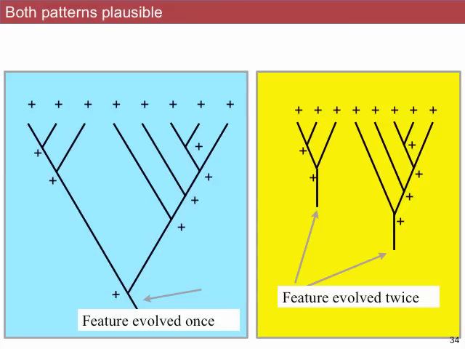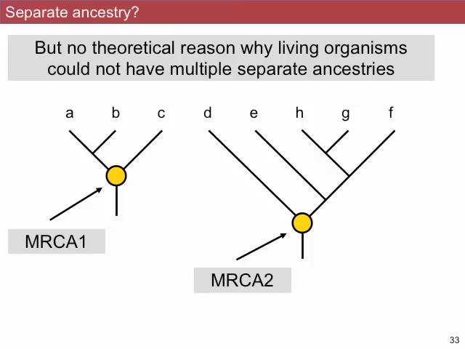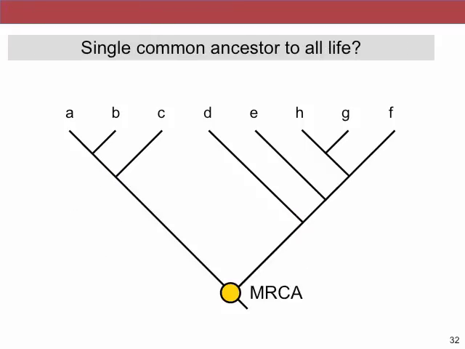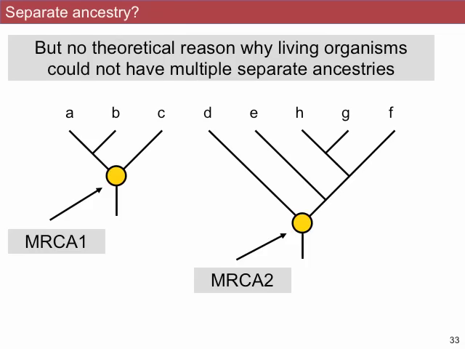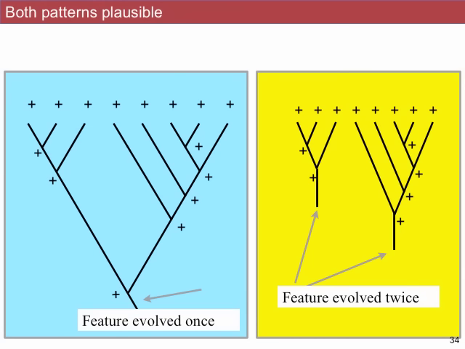And so I'm going to show you this in a phylogenetic form. So here's a phylogenetic tree, the one we've been using throughout the class. Here's the most recent common ancestor of all of these organisms. If these were all the organisms on the planet, and this is what the tree looks like, that's basically saying that life evolved once. They all share a common ancestry with each other.